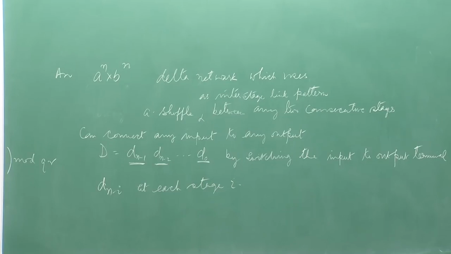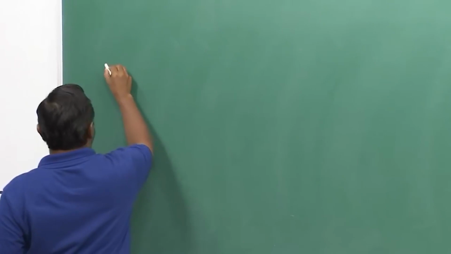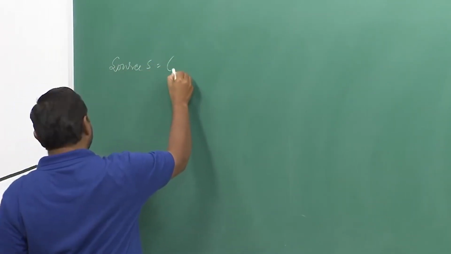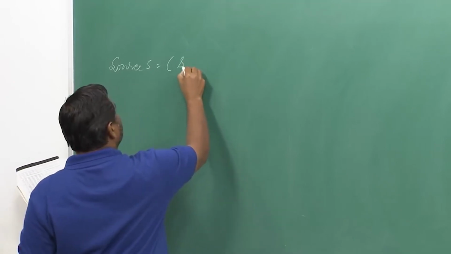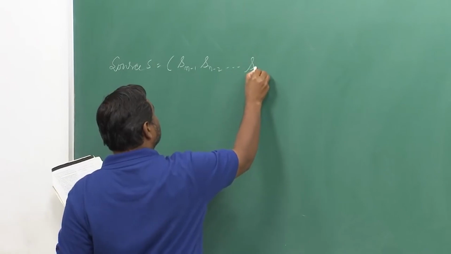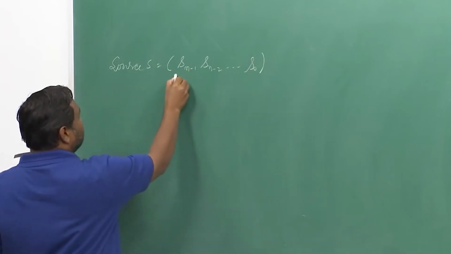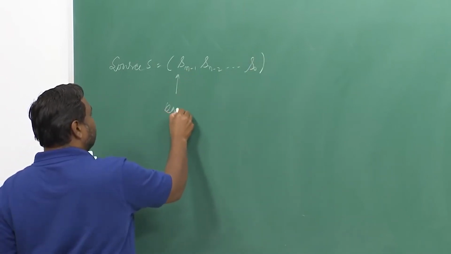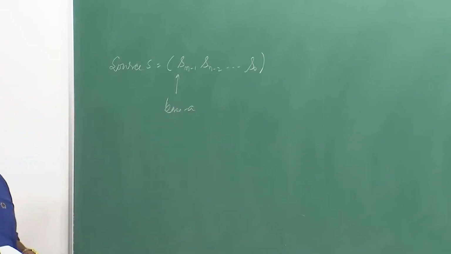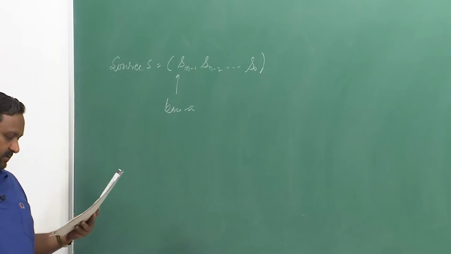So, let us start with the proof. So, source S now will be written as S n minus 1, S n minus 2 and so on till S of 0. Remember each one of these digits are base A, that is a digit in that system, base A digit.